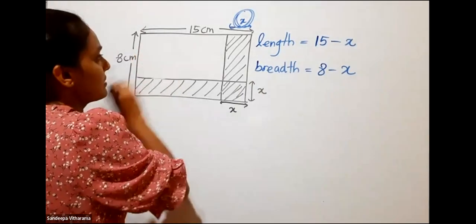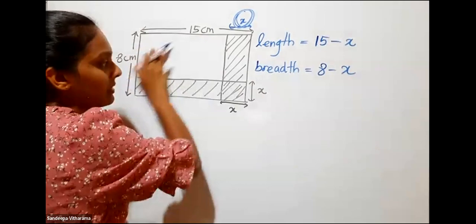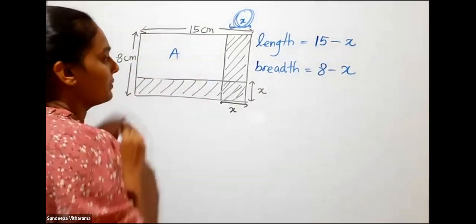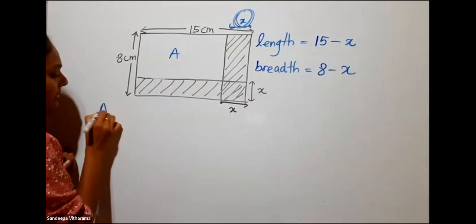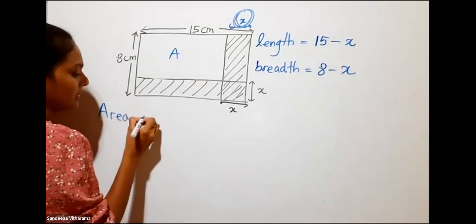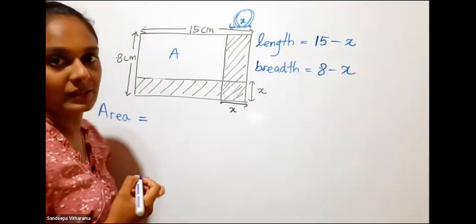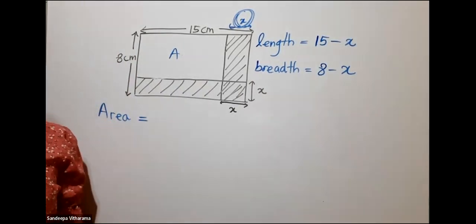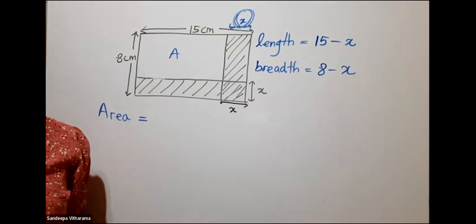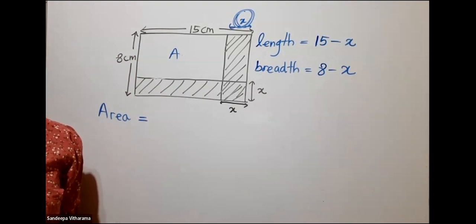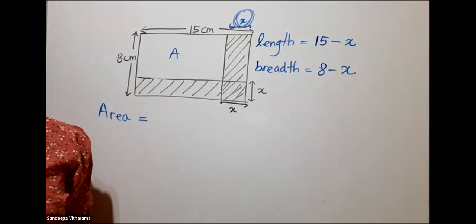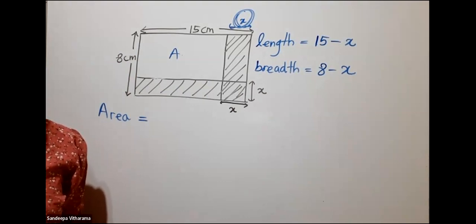The remaining portion is this one. You have to find the area of this. How do we find the area of a rectangle? Can you tell me the equation to find the area of a rectangle? How do we find the area?